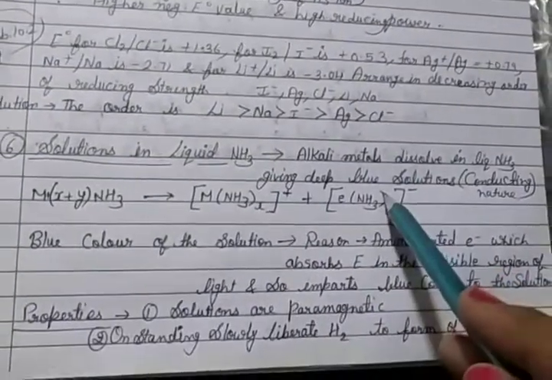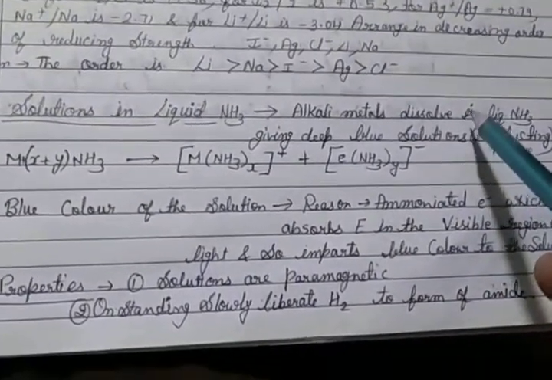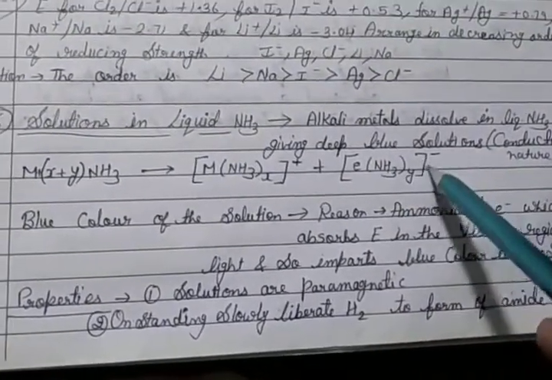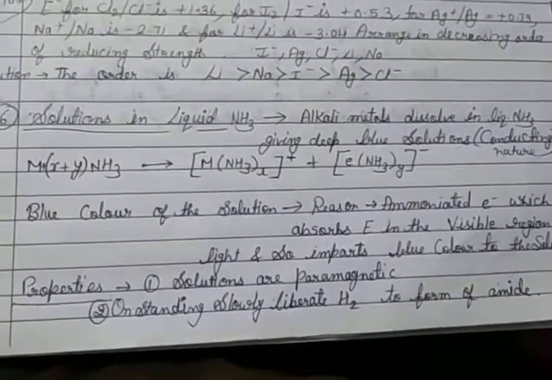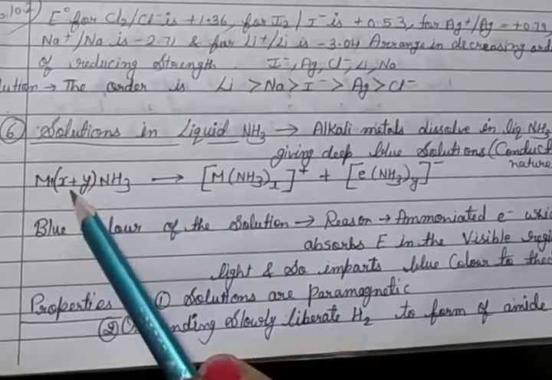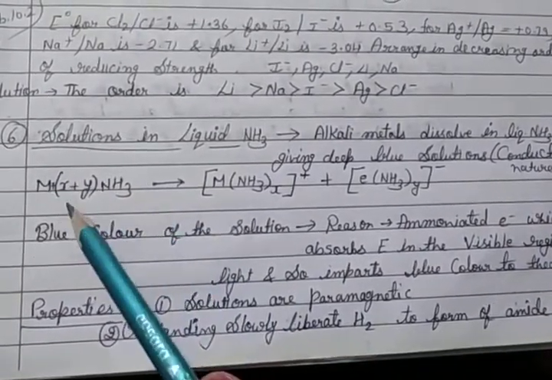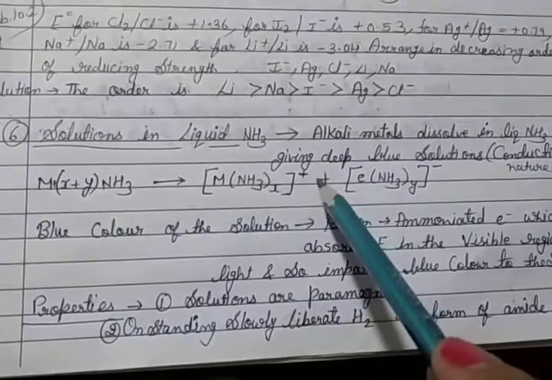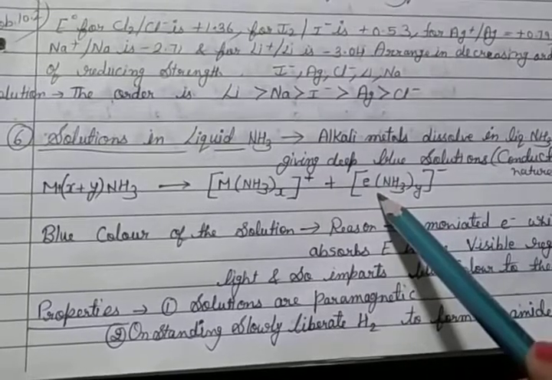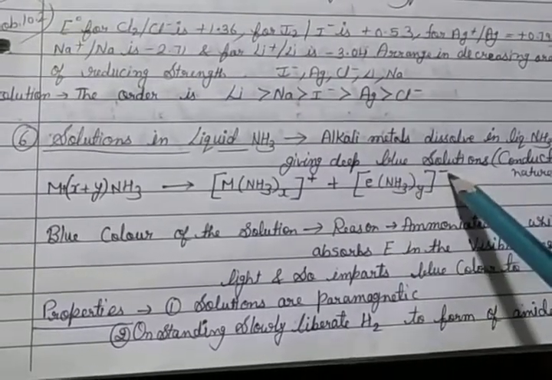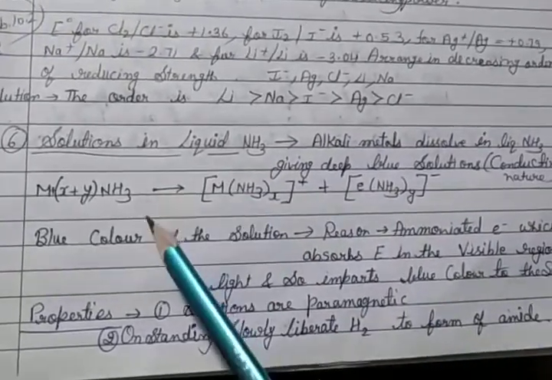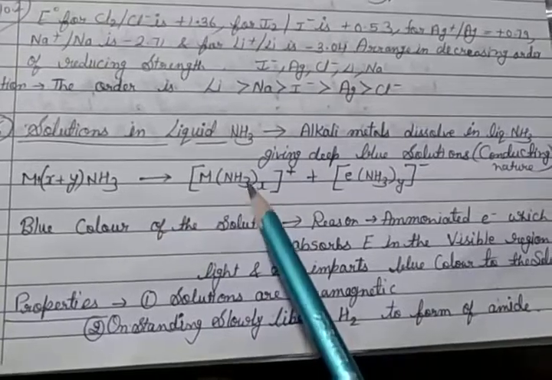Alkali metals dissolve in liquid ammonia, giving a deep blue solution. M plus x plus y ammonia: the metal reacts with ammonia, giving M(NH3)x plus with loss of an electron, and the electron e(NH3)y minus gives the blue color of the solution. So alkali metals dissolve in liquid ammonia to give a deep blue solution.